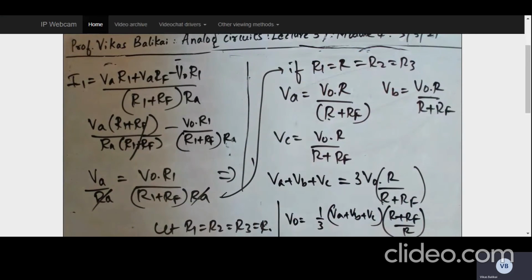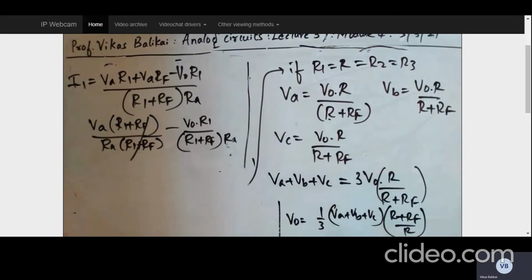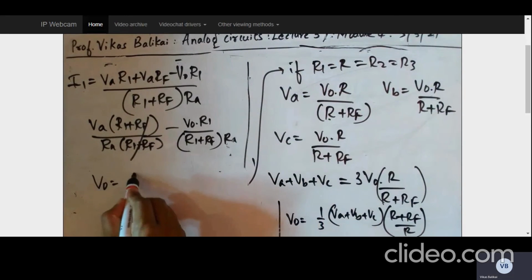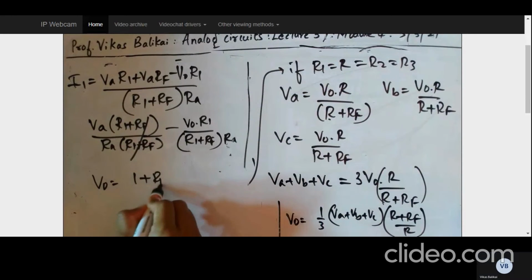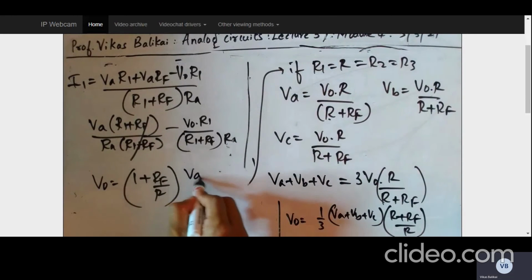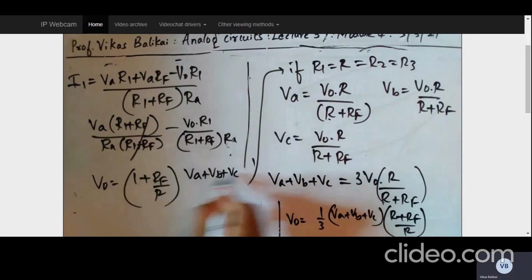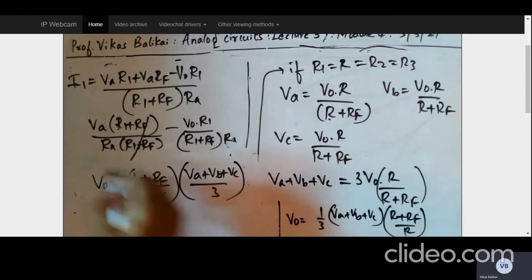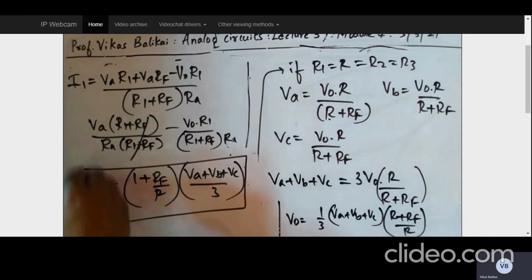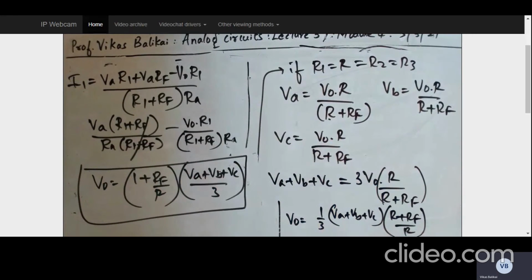If I further simplify this, my V0 will be equal to 1 plus RF by R, whole multiplied by (VA plus VB plus VC) divided by 3. So this is the final equation I'm going to get for the non-inverting summing amplifier. Just remember, whatever the configuration, whether inverting or non-inverting, it will be the summation of the input voltages multiplied by the respective gain.